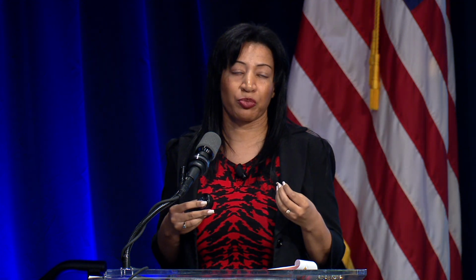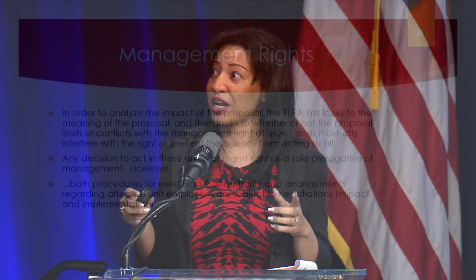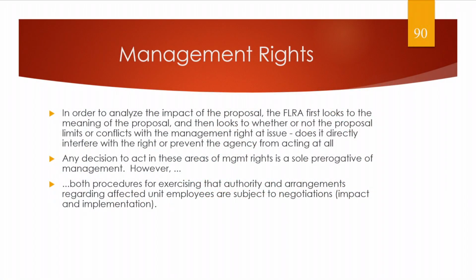Does this proposal prevent management from disciplining an employee? Those are the things they look at. Any decision to act in these areas is the sole prerogative of management. That's what we like to hear. However, this is the big but. Both procedures for exercising that authority and arrangements regarding affected unit employees are subject to negotiation. This is the I&I bargaining we talk about a lot, impact and implementation bargaining.